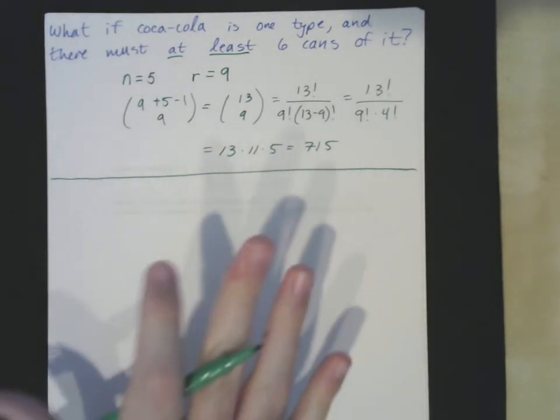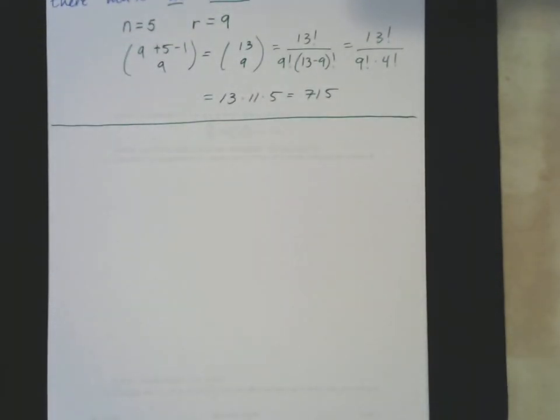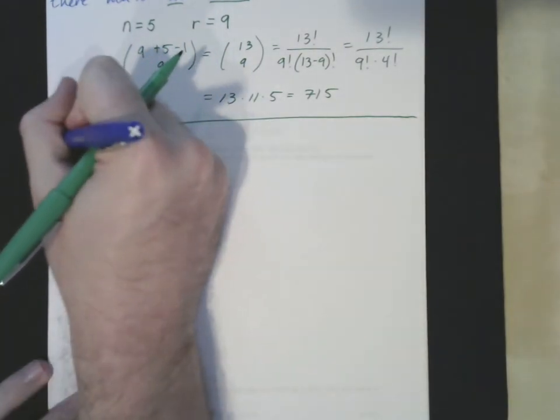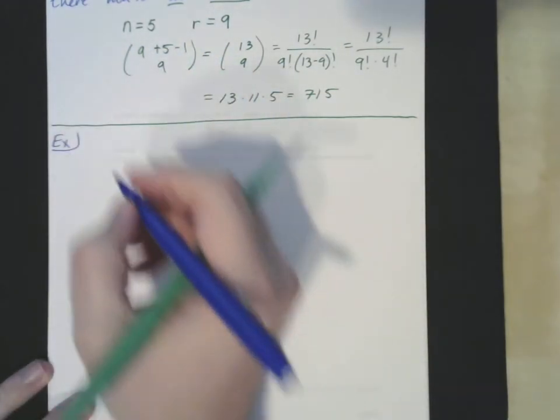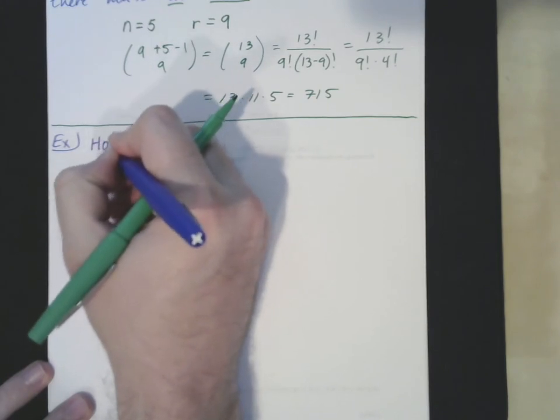So this is a nice way to show how the theorem works and how we can adjust it if we have some restrictions. Where we see this in math used more often is in a problem like this.